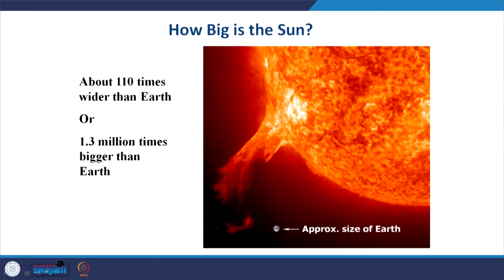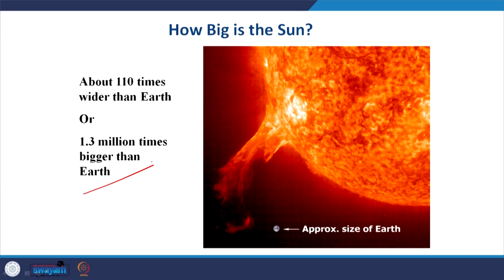So, how big is the sun? For size comparison, the diameter of the sun is nearly 110 times the diameter of the earth, and it is about 1.3 million times bigger than the earth in volume.